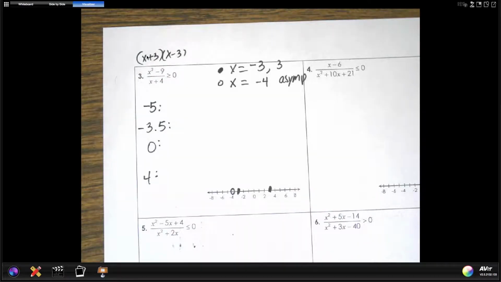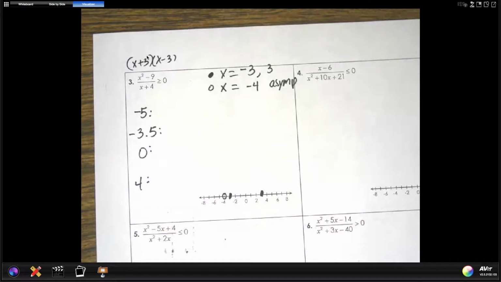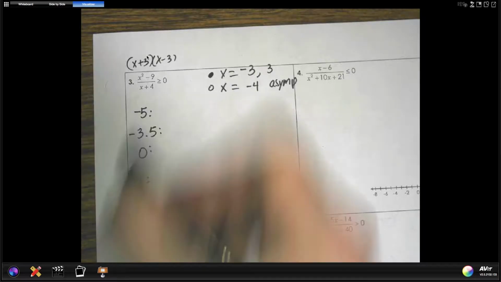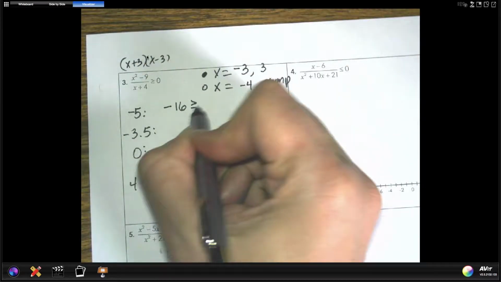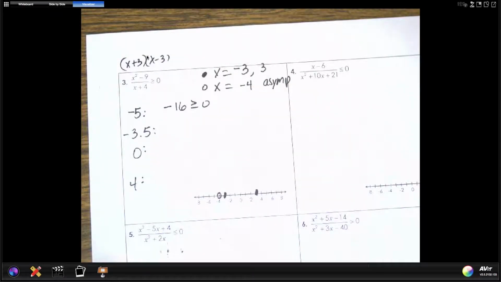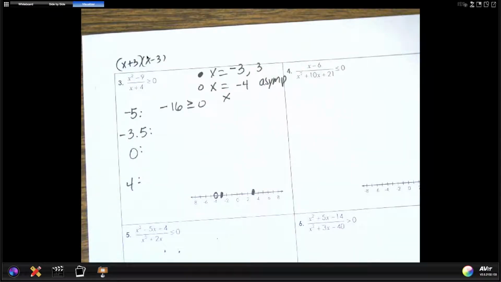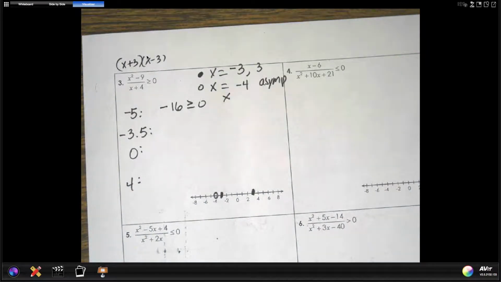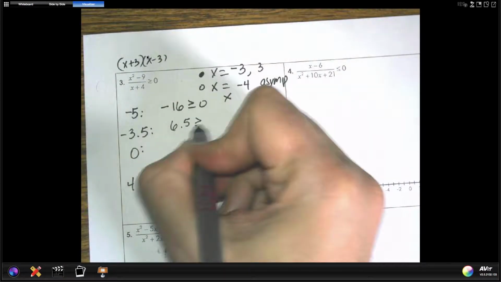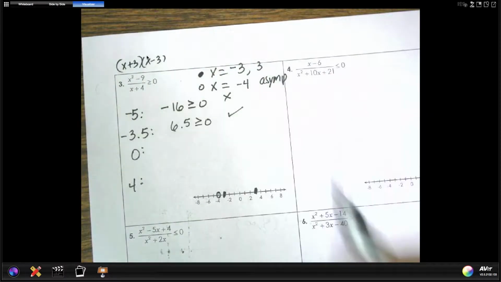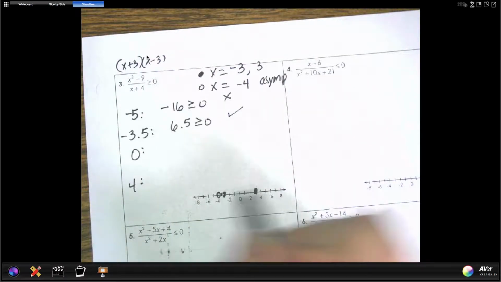Now to save time, I will just tell you what it equals when you plug it in. So if you plug in negative 5 into this and simplify, you should get negative 16 is greater than or equal to 0. That's a false statement. When you plug in negative 3.5 into that, you get 6.5. That is greater than 0. So in between here is good.